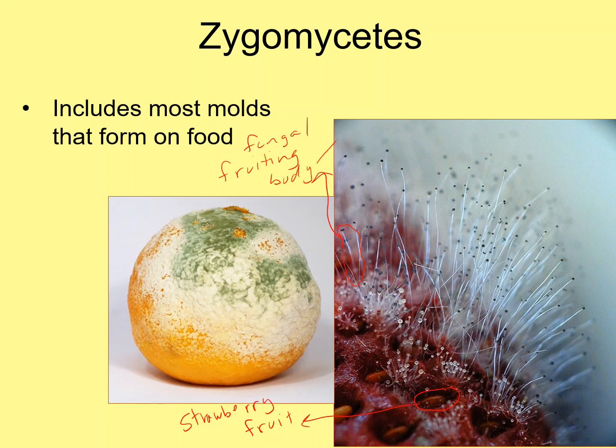I'm going to say sporangia because there's probably more than one. This is the plural; sporangium is singular. And so we have another mold here growing on an orange, so another example of a zygomycete.